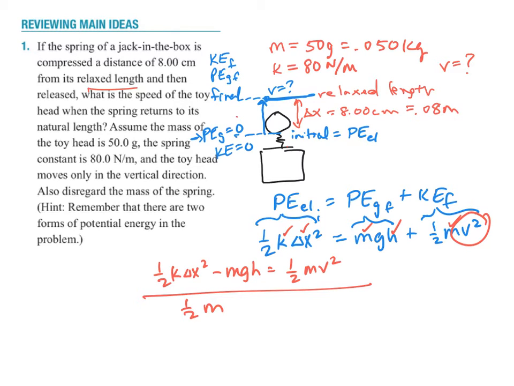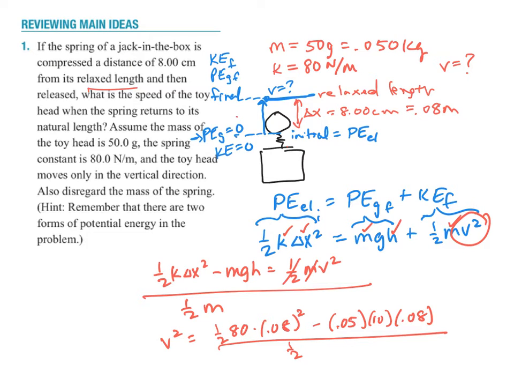So v squared is going to be equal to 1/2 times 80 times 0.08 squared, don't forget to square it, minus the mass, 0.05 kilograms, times 10 times the height, 0.08, all divided by 1/2 the mass, and then I have to take the square root of all of that. And when you do that, your answer should be 2.14 meters per second if I did my math right.